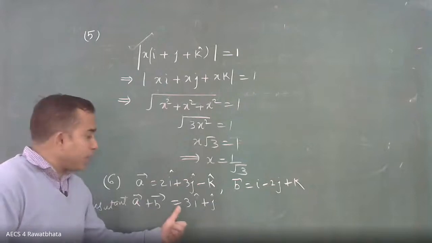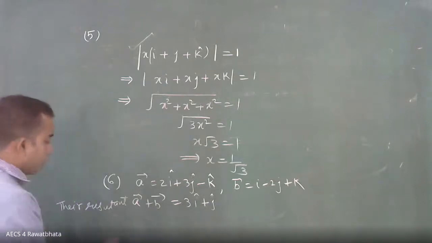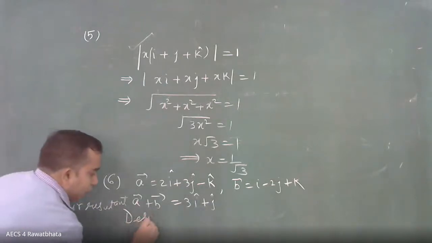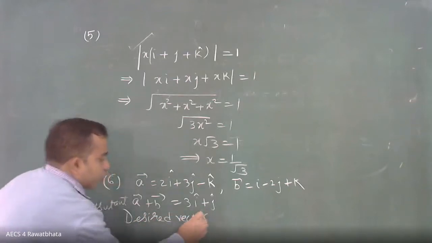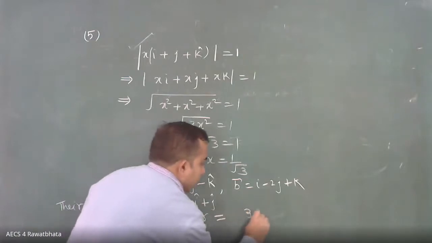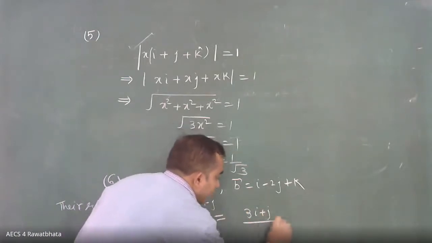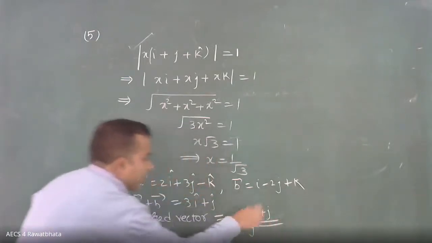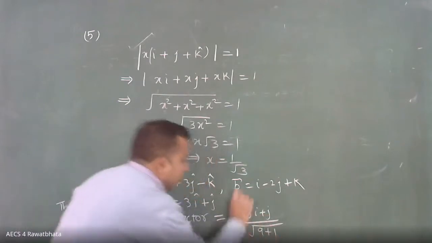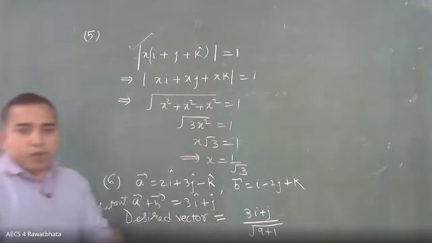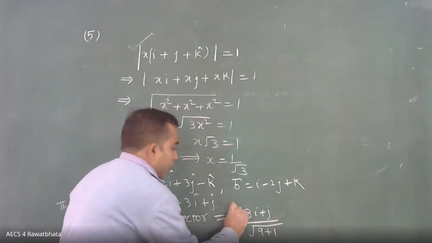Yes, first make it unit, then multiply with 5. So desired vector will be equal to 3i plus j divided by its magnitude. Then it will become a unit. Its magnitude is going to be 9. Now it has become a unit. But I don't want a unit, I want the magnitude 5.